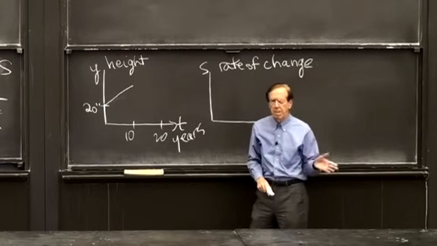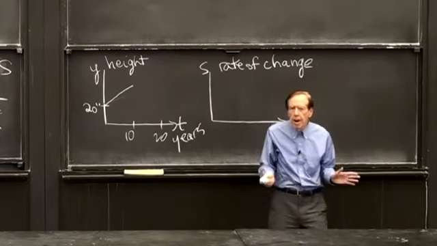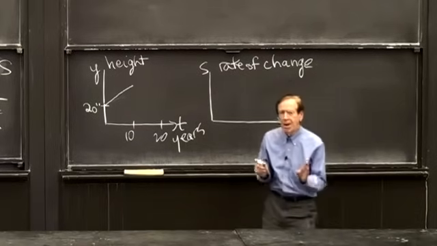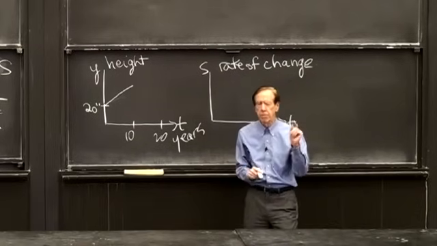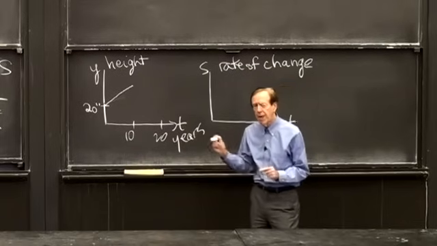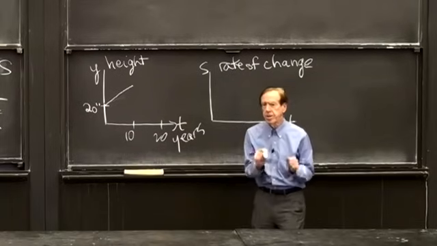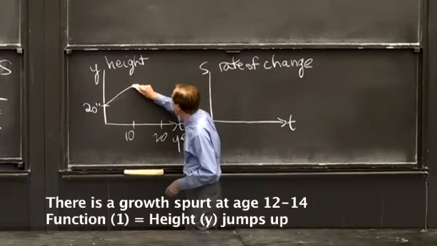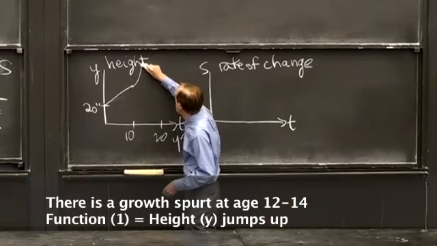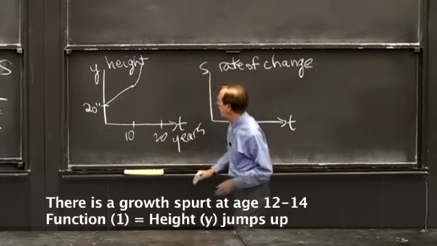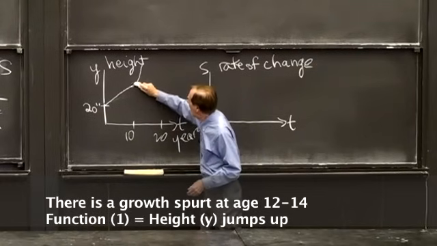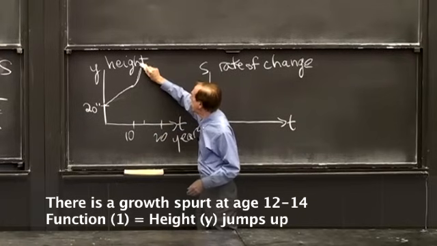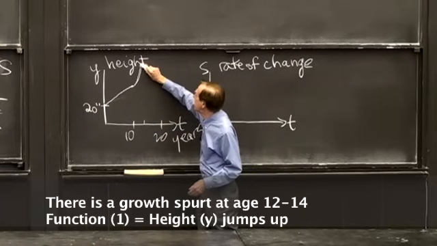at about maybe age 12 or 13, there's a growth spurt. And maybe the point is, how do we see that growth spurt on the two graphs? Differently, but it's the same growth spurt. So here your height suddenly jumps up. Boy, you catch up with everybody. And then unfortunately it doesn't do that forever.